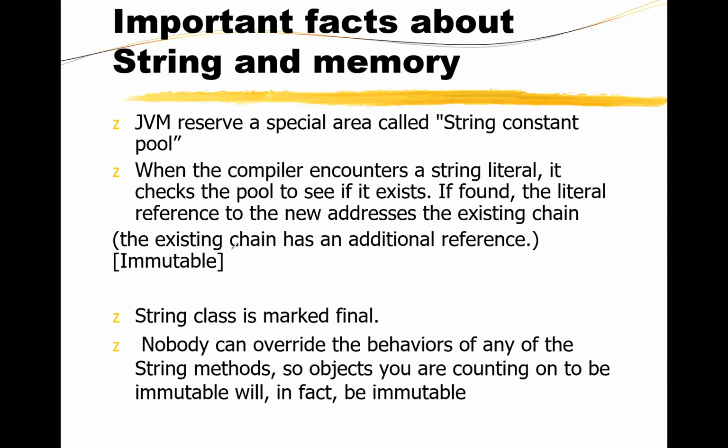Therefore, the string class is also marked as final, so you cannot override the behavior of the string objects and string methods. Whatever objects you create will be immutable because a class set as final cannot be changed. Once created, it cannot change. If you change it, you create a new object. Therefore you can say string objects are immutable objects.